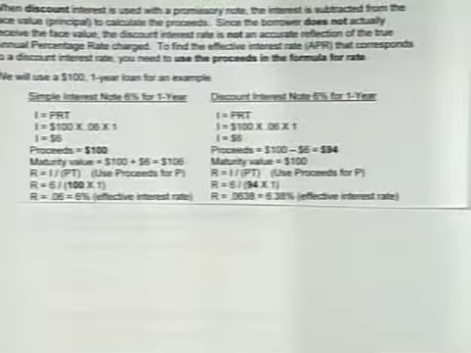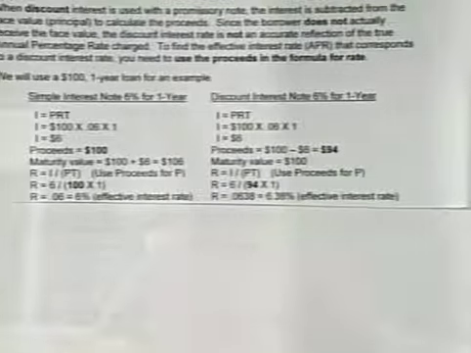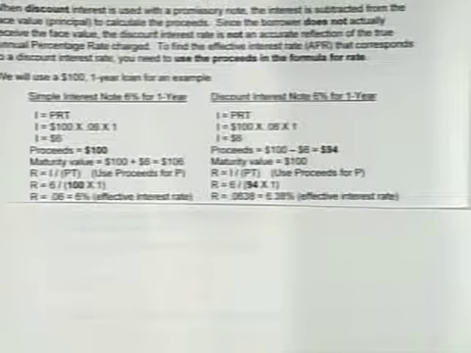If I were the person lending you the money, I would then write a check to you for $100. On the day the note is due, 1 year later, you would repay me $106, the $100 that you actually borrowed plus the interest, okay? And that would be a true 6% APR.